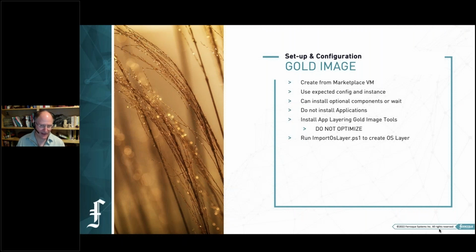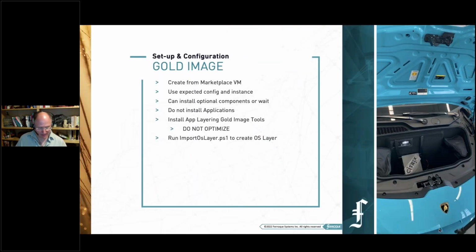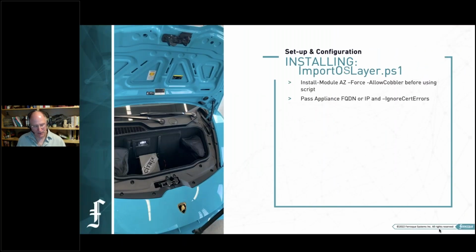So you'll then go into that, run those drivers to install them. And then you'll use a script called import oslayer.ps1 within that. And it actually takes that marketplace VM that you're on and uploads it into the appliance as the OS layer.